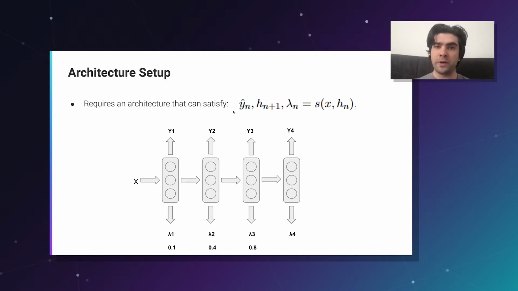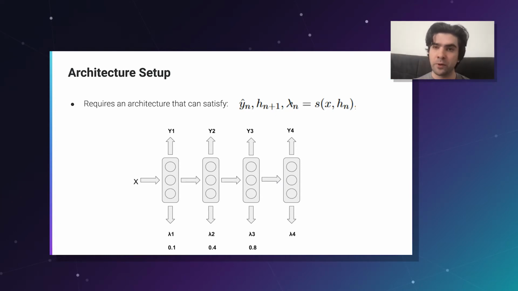So we can think of this as your y sub n, your prediction at that given time step n. Your h sub n is your hidden state at the next step in your computation.